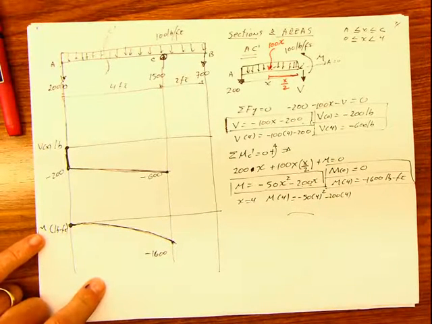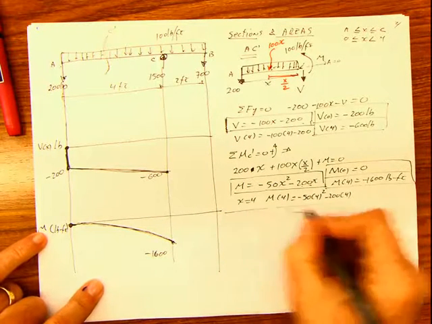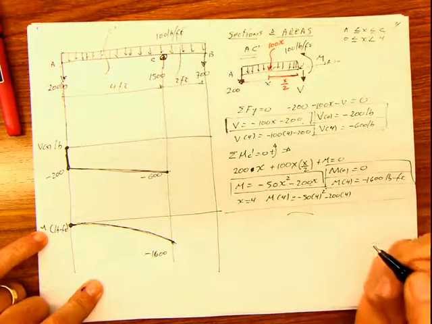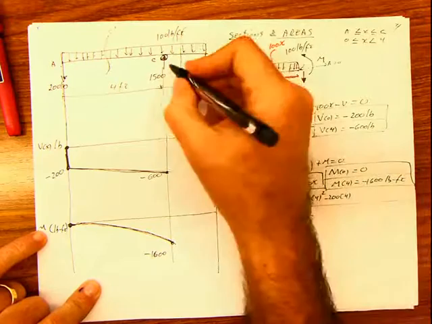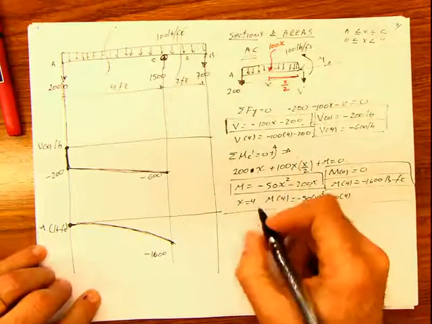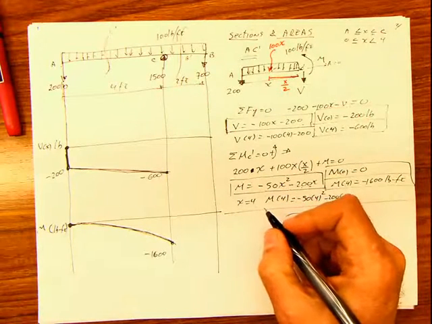Now, next step, we go and we do a section here in this other part. What is that part? That part is the span CB prime. So I can say that this is my span CB prime.